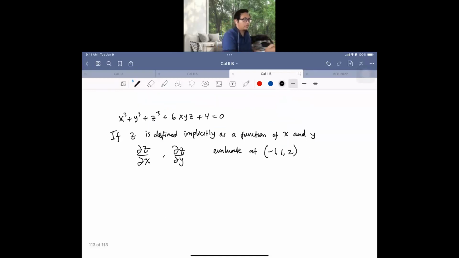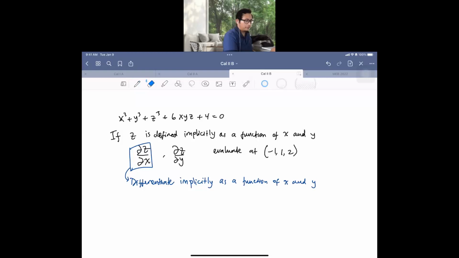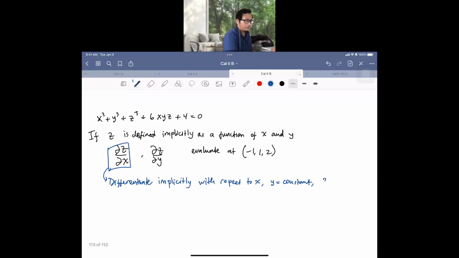So to find dou z over dou x, we are going to differentiate implicitly with respect to x, where y is a constant and z is a function of x.